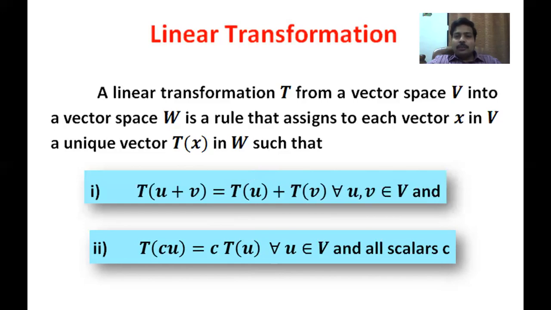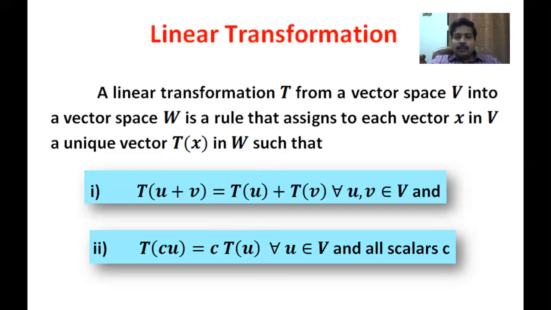So linear transformation is a function from one vector space to another vector space with these two properties. One is T of U plus V is equal to T of U plus T of V for all U, V belongs to V, and T of cU is equal to c times T of U for all U belongs to V and all scalars.